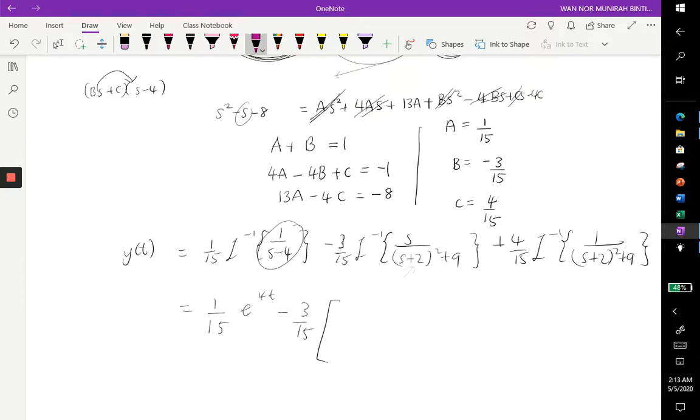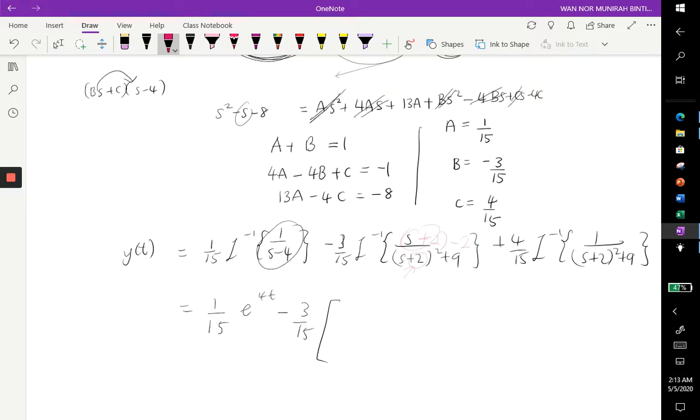Your numerator here is S, but your denominator has S plus 2. So you must follow your denominator. You need to add 2 here, so that you follow the denominator. In order to get the original expression, you need to subtract 2.